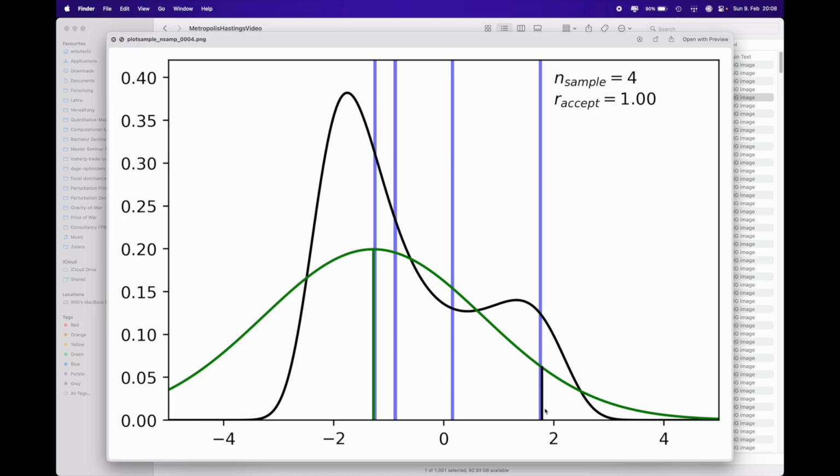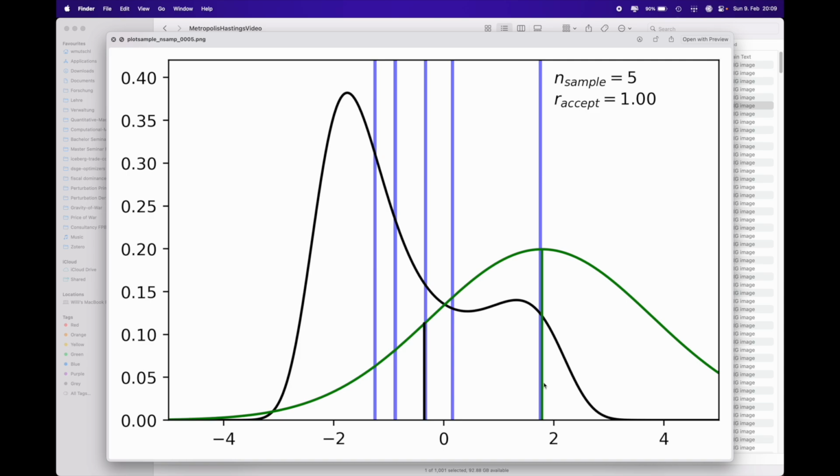So I'm gonna compare my old posterior value to my new posterior value and see that this is now smaller. And now I'm basically computing another random variable between 0 and 1. And if this alpha is greater than this random variable, I accept the draw and I jump to this. So right here, black, I accept it. Okay, and I would reshift my proposal distribution, get a new draw right here.